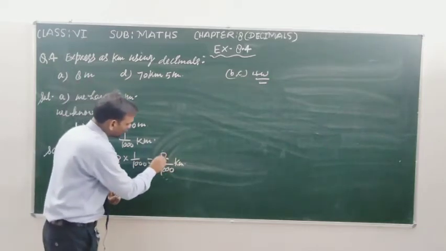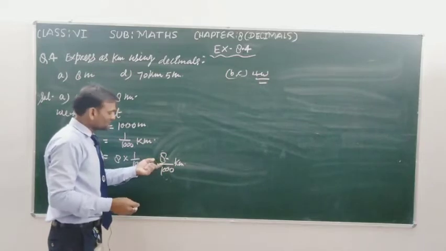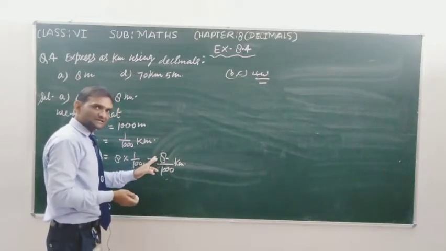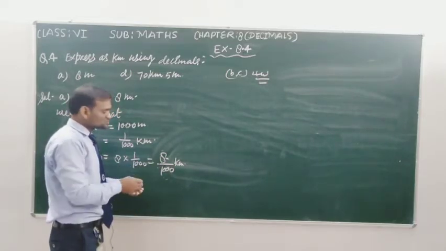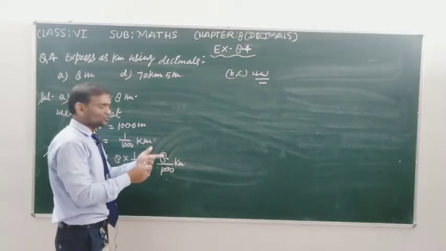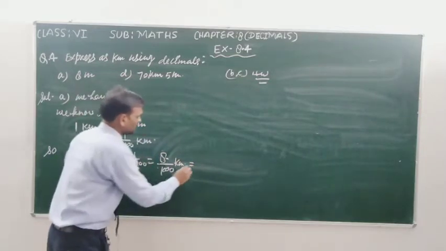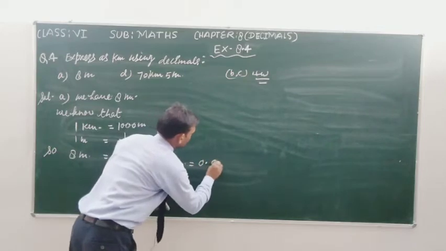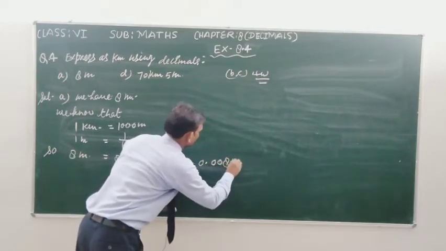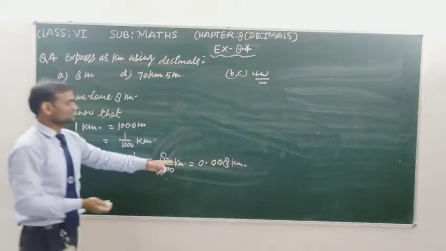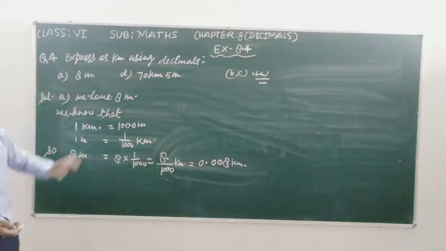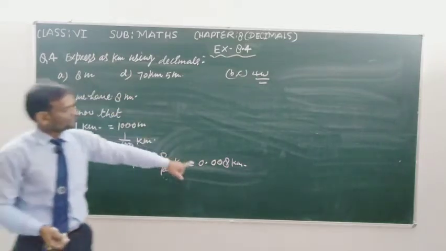But I have 1 digit already. It means 2 digits are less here, so we add zeros. It means we can write 0.008 kilometer. This is my answer. It means I have changed 8 meter in kilometer.